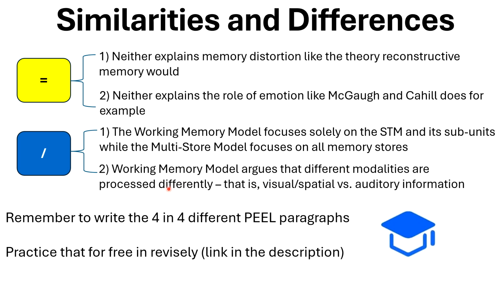And another difference is that the working memory model argues that different sensory information is processed differently. So visual is not processed the same as auditory, and the multi-store model does not mention any of that.